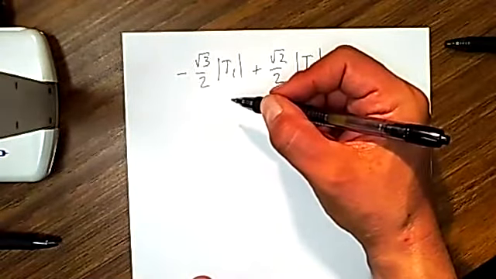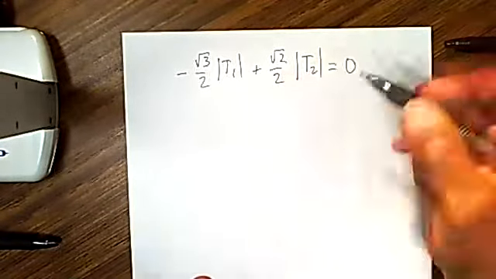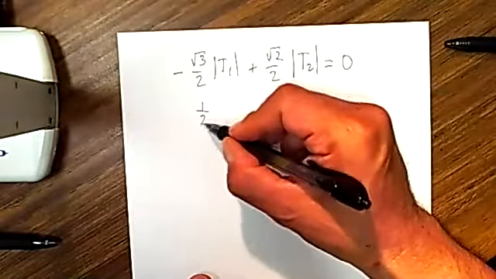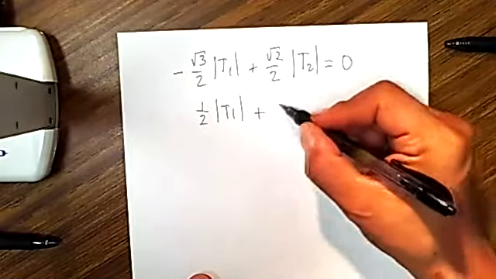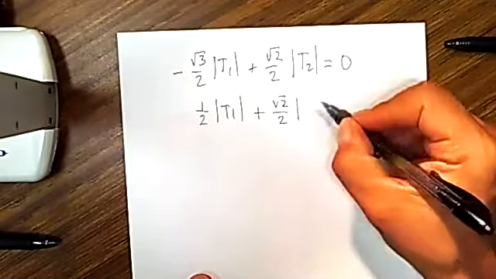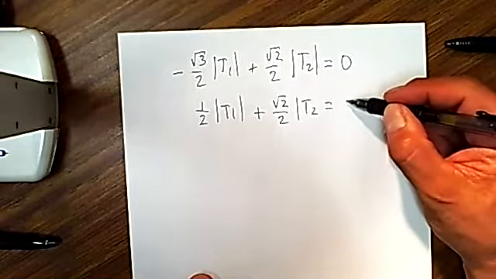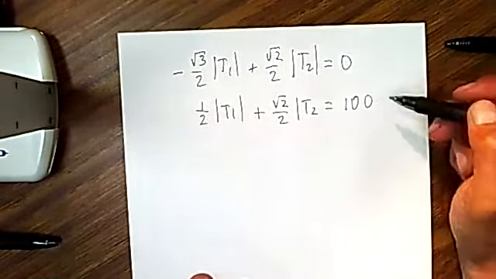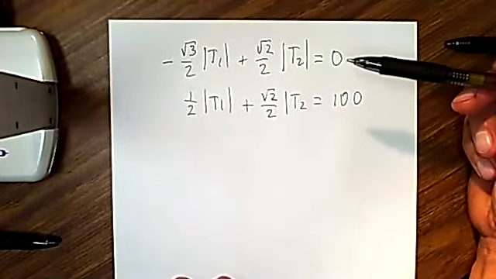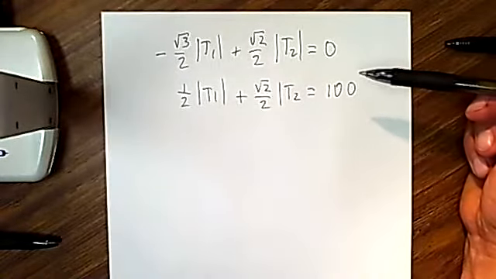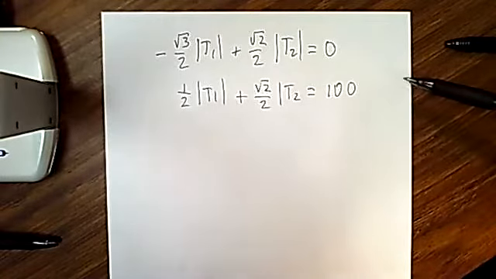And then we have B, which is a half of T1 plus square root of 2 over 2 T2 equals 100. Remember, the 100 initially was negative when we were adding B plus D plus negative 100, but then we moved the 100 to the other side of the equation.